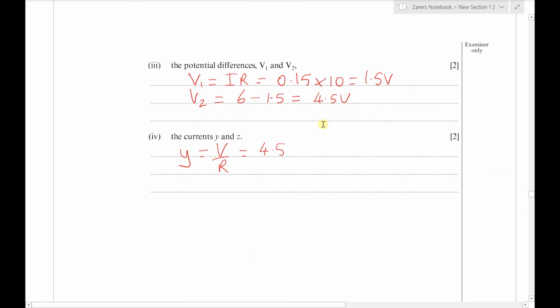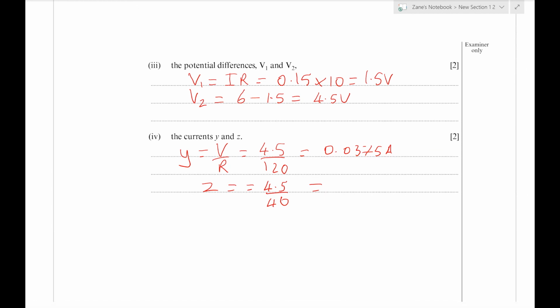So we're simply going to do 4.5 over 120 for Y, and similarly we're going to do 4.5 over 40 for Z. So if we just put those numbers into the calculator, we get 3 over 80 or 0.0375 amps for Y, and for Z 0.1125 amps.